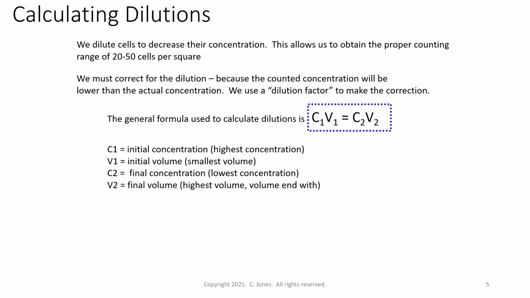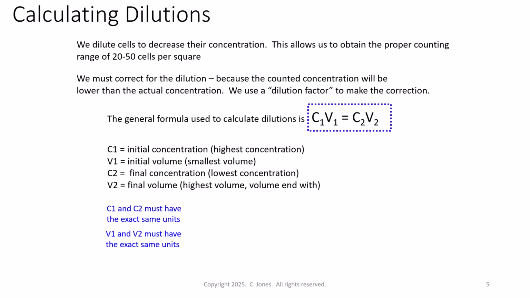C2 is the final concentration, right? It'll be the lower value. That'll be the concentration of cells after the dilution, and V2 will be the final volume. That's the volume that the cells end up with that you use to count. So the important thing to recall here is that C1 and C2 must have the exact same units, and V1 and V2 must have the exact same units.